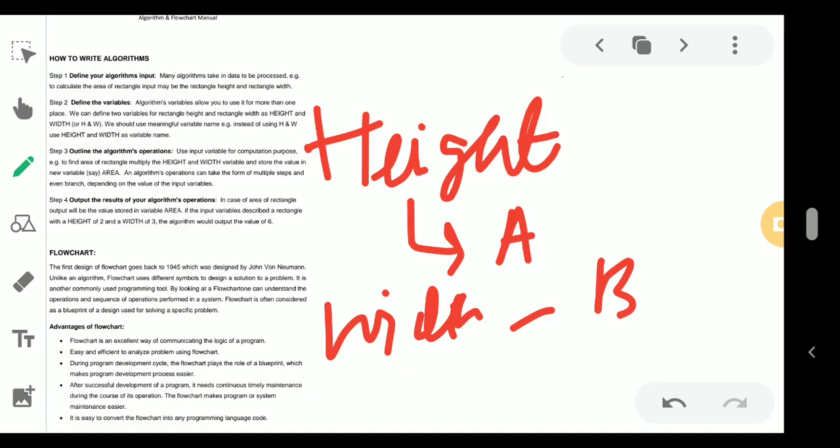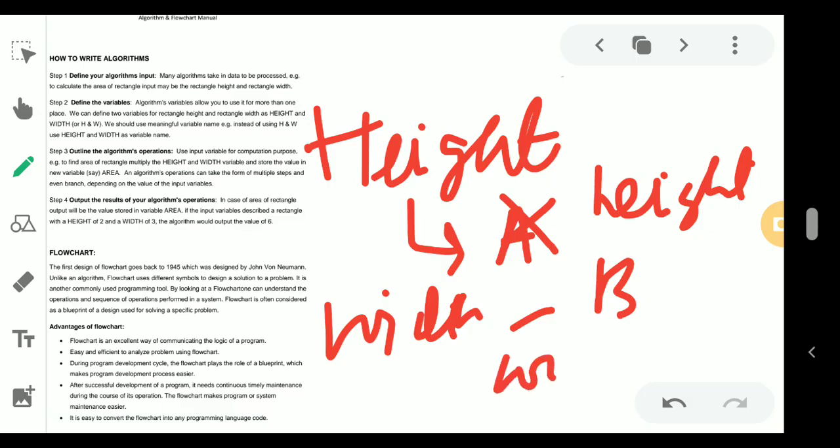But instead of A, if we write height as a variable name, and instead of B, if I write width, then it will be easily understandable for a person to identify that this height variable is where we are putting the height value of a rectangle. Now the third point is coming.